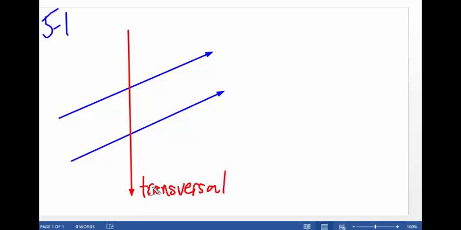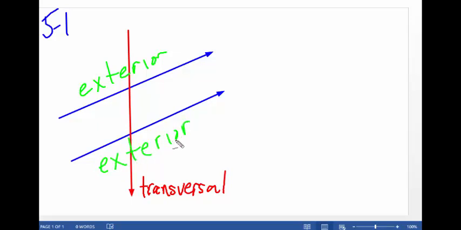Now when we talk about angles within all of these different angles here, we're going to talk about different areas of the parallel lines. So first of all, this is exterior up here, and it is also exterior down here.